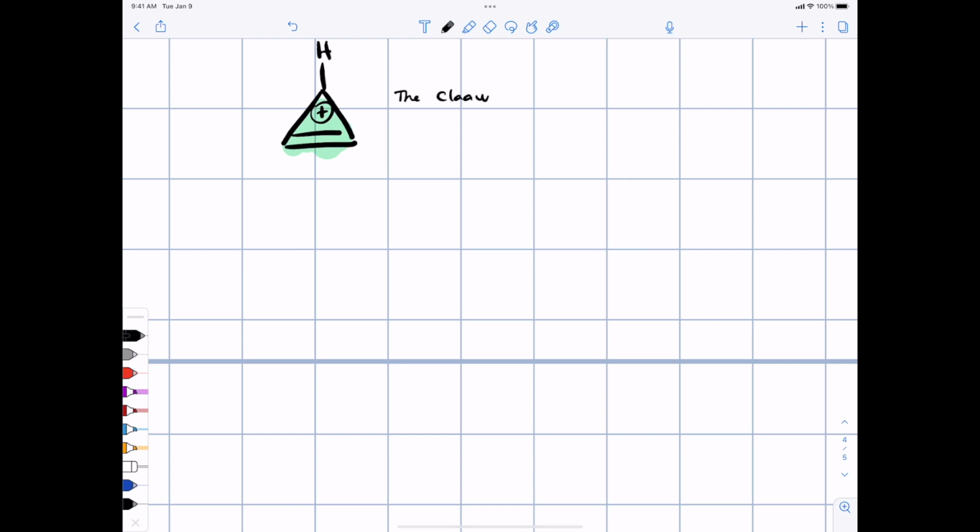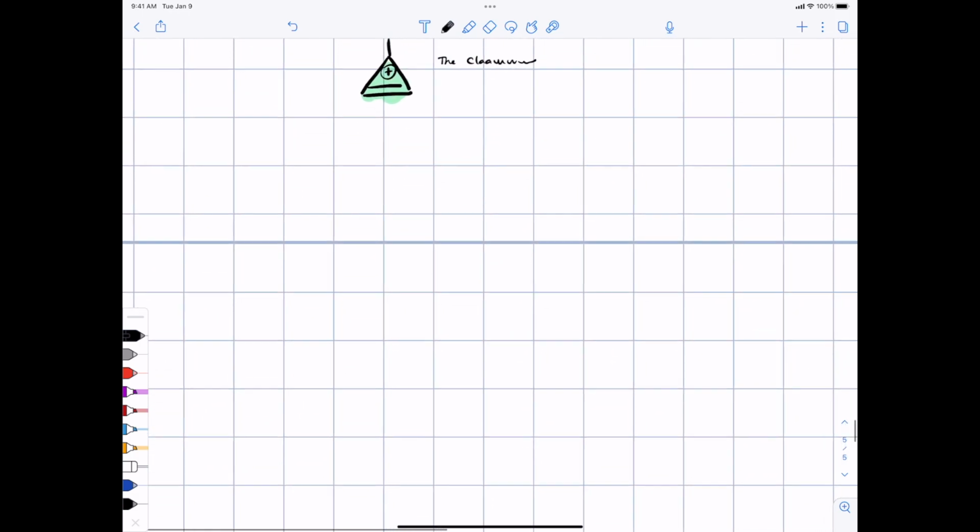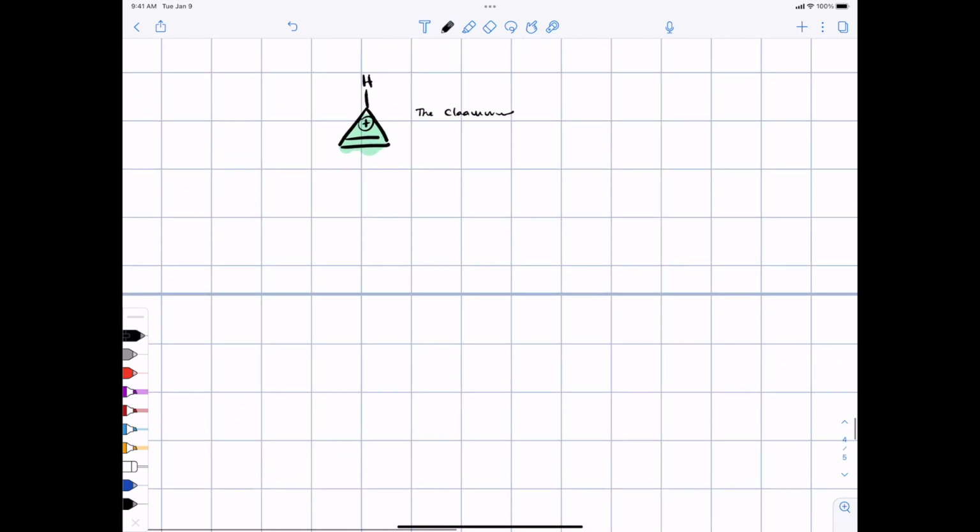The claw. Let's see. Now let's maybe try to see whether there's any useful challenge problems.